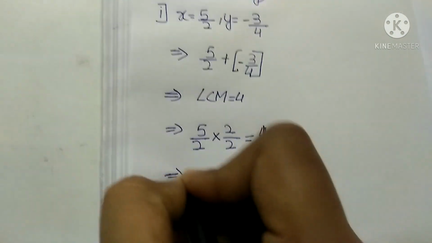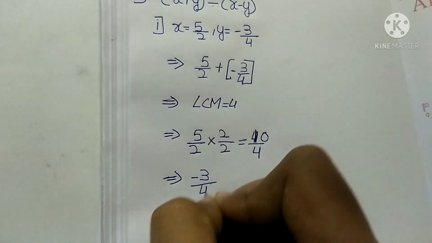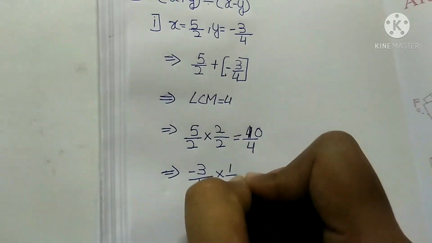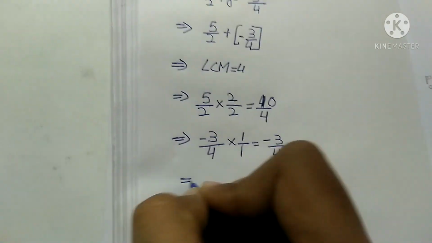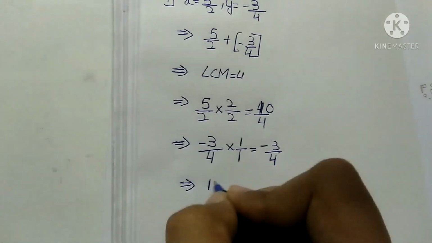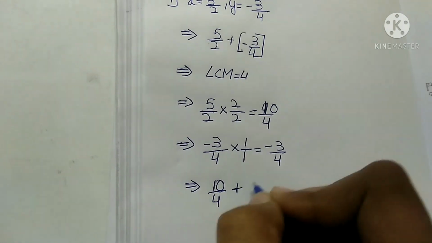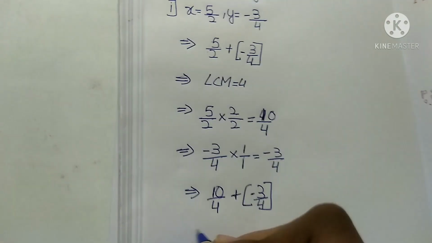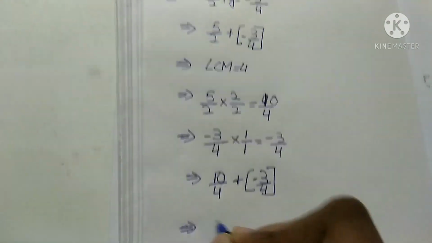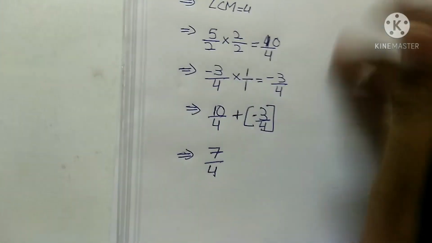On the other side we do the same: minus 3 by 4 into 1 by 1, and we get minus 3 by 4. Now we calculate 10 by 4 minus 3 by 4, and we get 7 by 4.